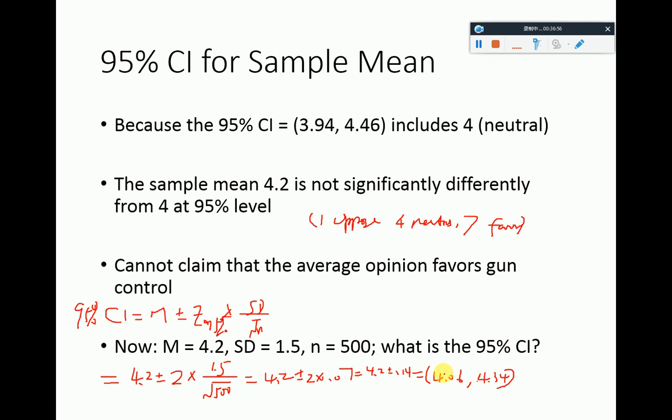That means, sure, it can be as low as 4.06, but it is still in the direction of favoring gun control. That's why we can conclude that at a 95% confidence level, the average opinion of this population favors gun control. Okay?